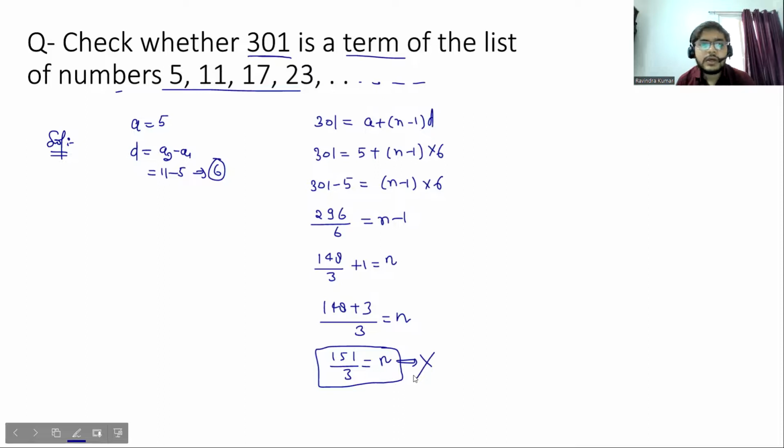If I ask you to find the 1.5th term, how will you find it? Is it possible? No. Since the term number is coming in fraction, we can say that 301 is not present in this list. Simple. Okay, right.